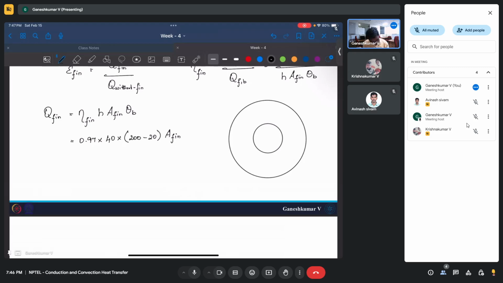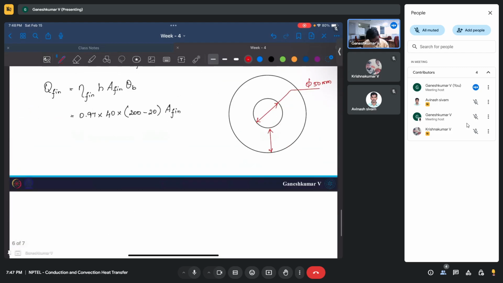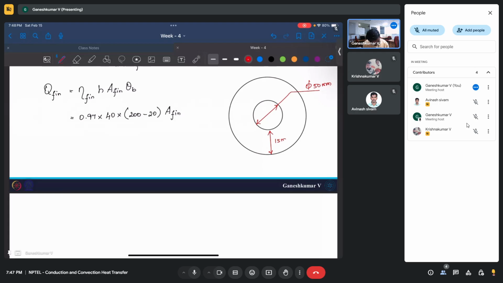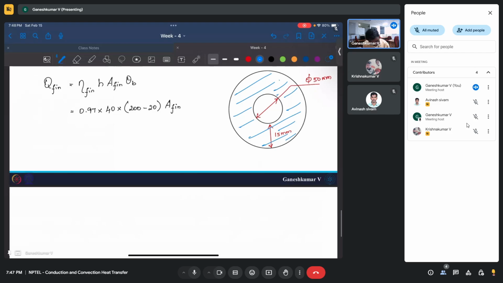This is a circular tube whose diameter is 50 mm, and this is the length that they are given, which is 15 mm. This entire surface area is the fin surface area.